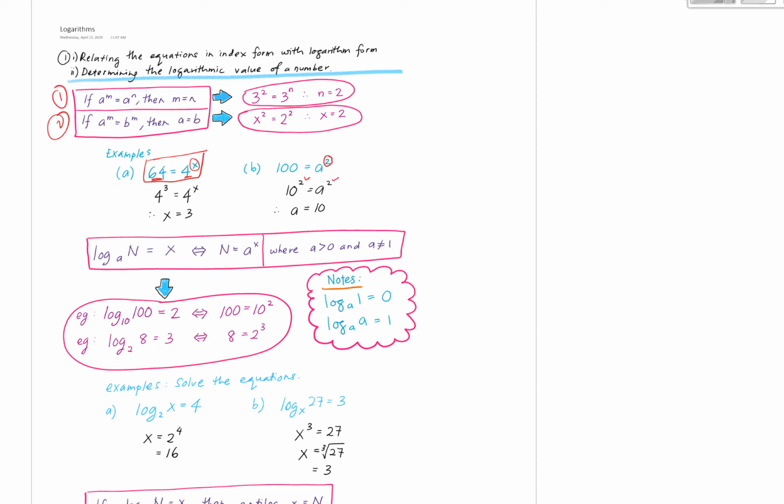Okay. So this form of indices kita boleh relatekan dengan logarithm form. So logarithm form bentuknya adalah log A n. So this is logarithm form. This is index form, sorry.